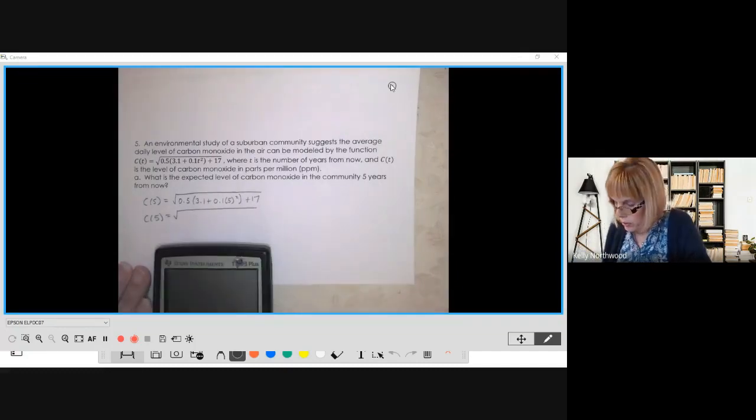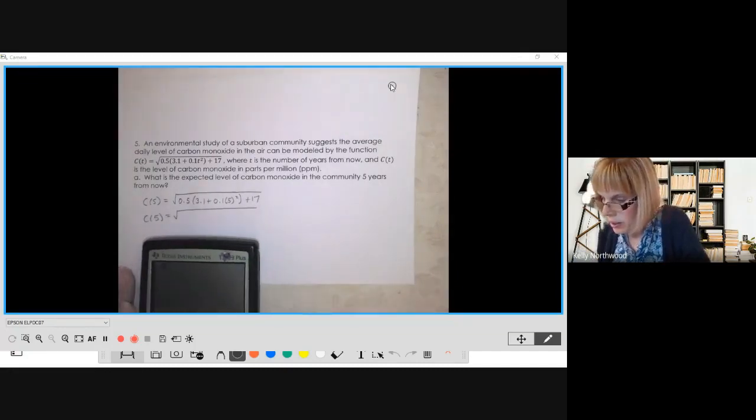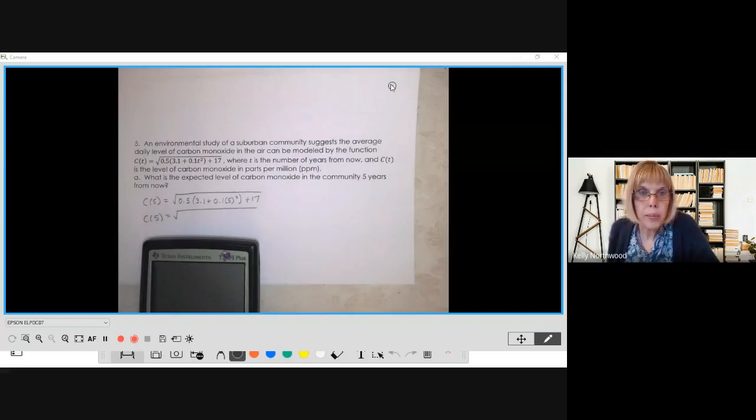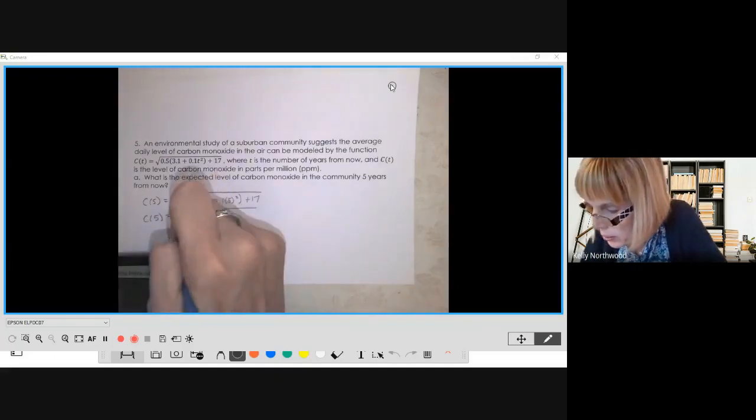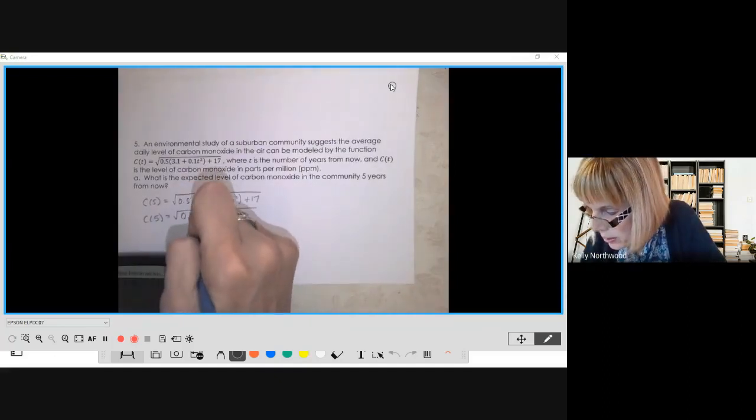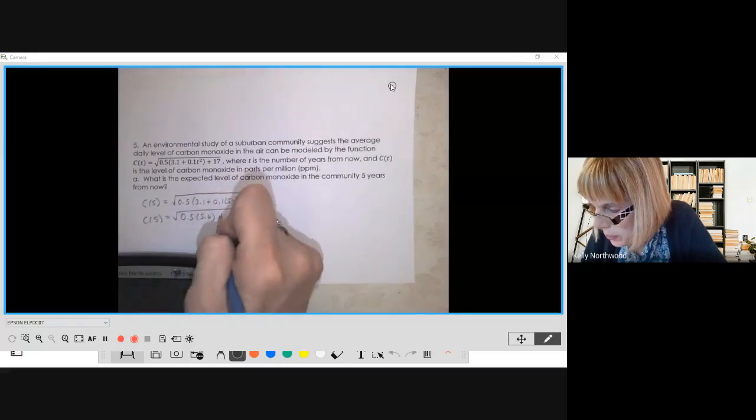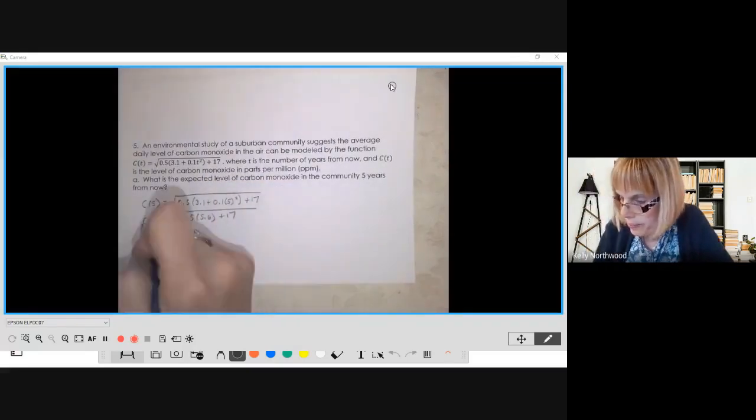All right, so 3.1 plus 0.1 times 25. So that's 0.5 times 5.6 plus 17.